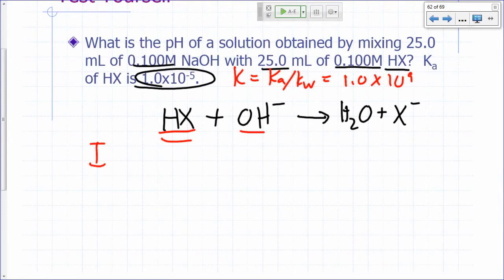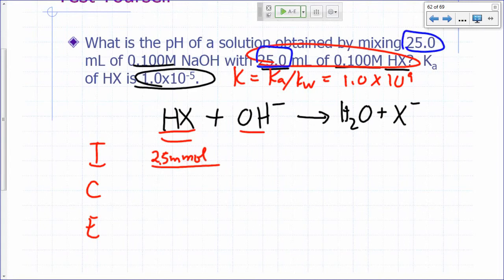So I is stable. What's our starting HX? 25 mL times 0.1 is how many millimoles? 2.5 millimoles. What's the total volume that we have here? 25 and 25, 50 mL total.